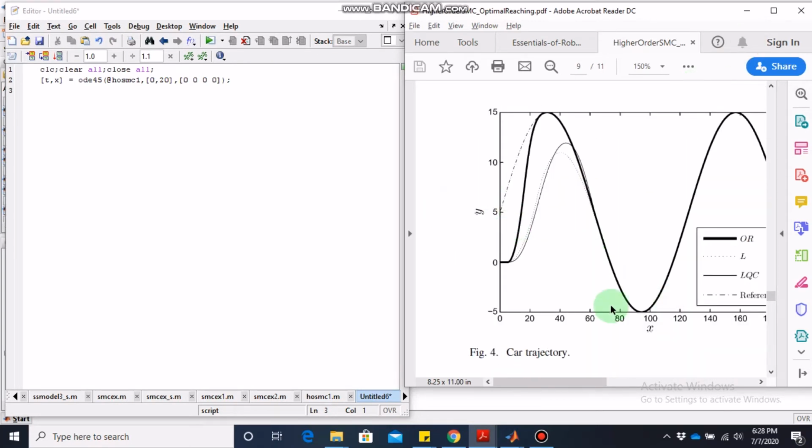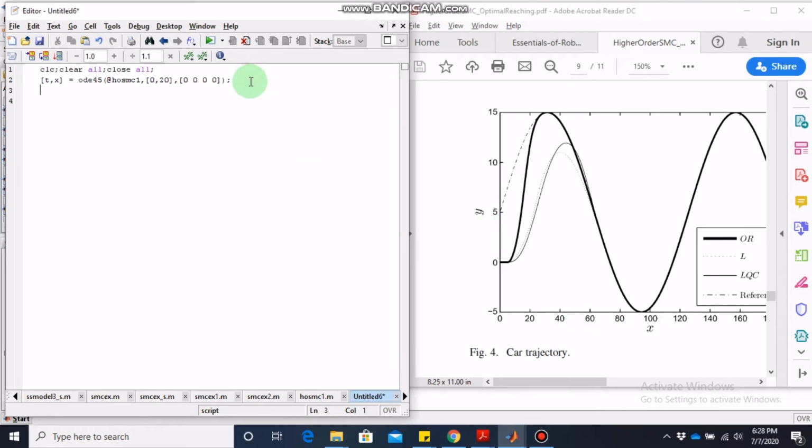So for us, x is the first state variable, so x of all rows, first column, versus the second state variable, which is y.